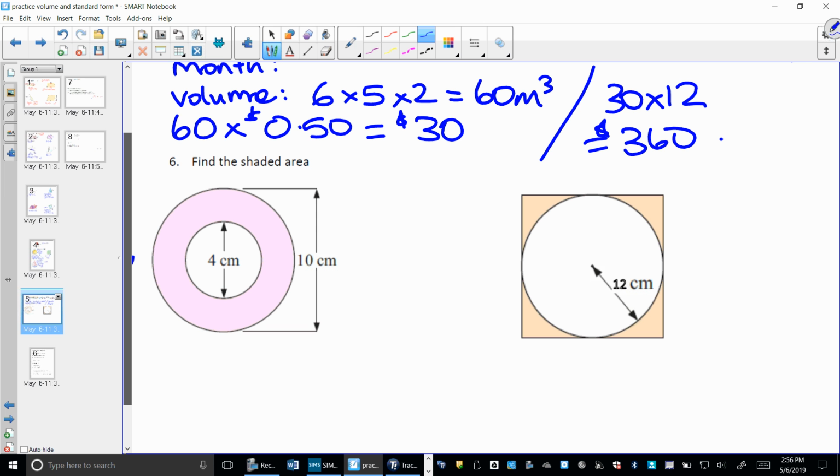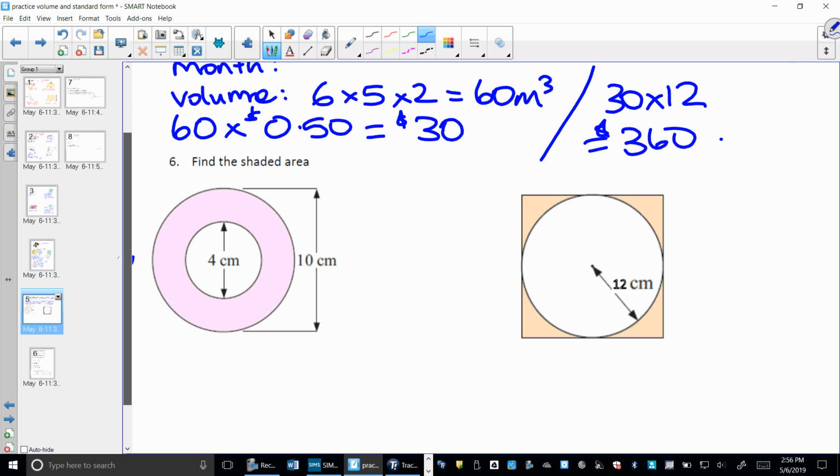Zika, you were considering it. How would I find the shaded part? In basic language. Okay, I'm going to explain in very basic language.